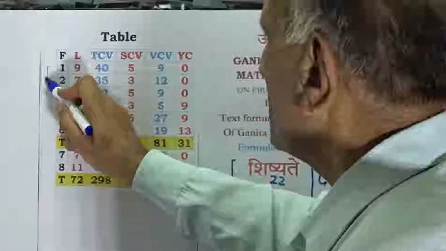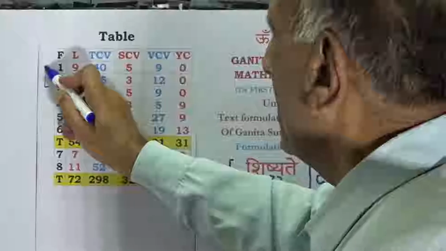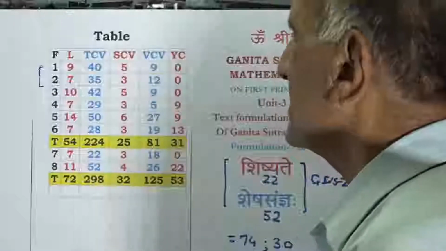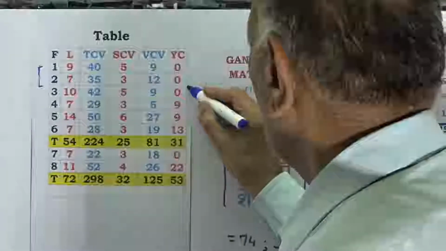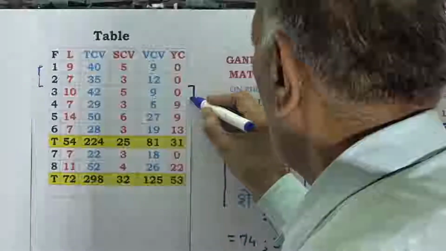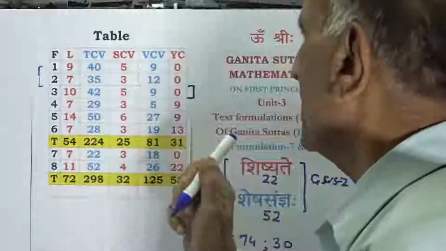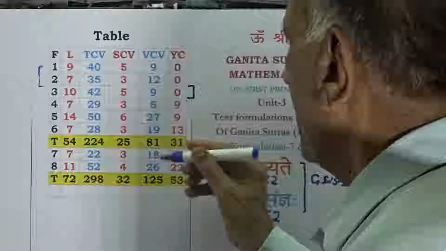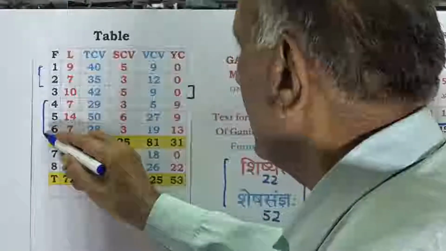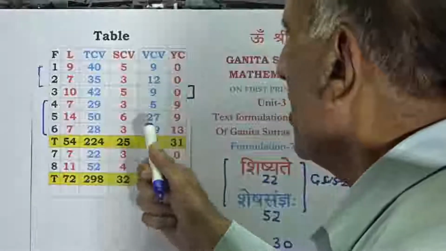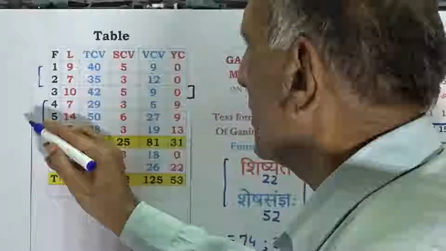First pair of formulations, Ekadhikena Purvena, constitute the scripture of Ganita Sutra 1. The third formulation is the scripture of Ganita Upsutra 1, and formulations 4, 5 and 6, Nikhilam Navatascaramam Dashatah, are Ganita Sutra 2.